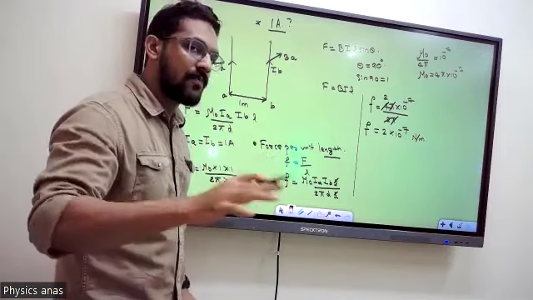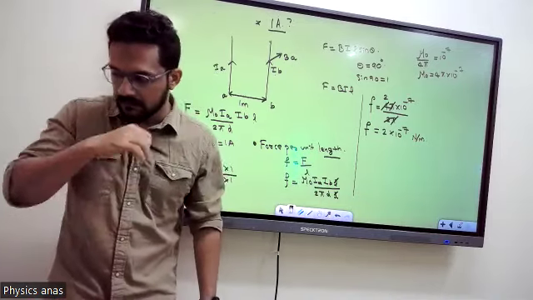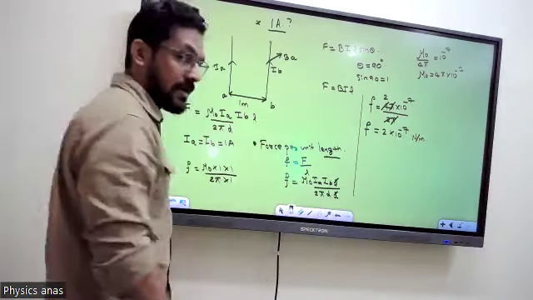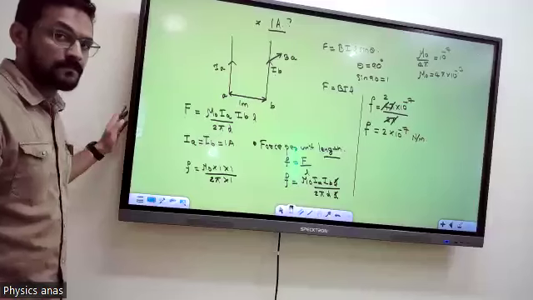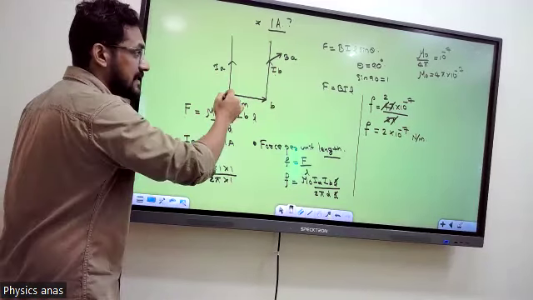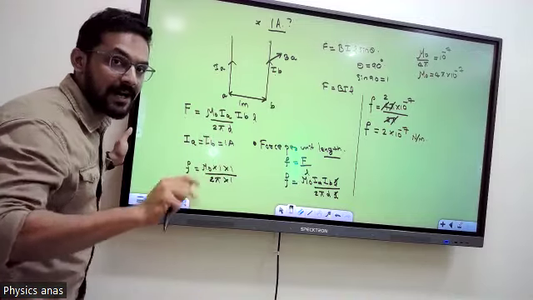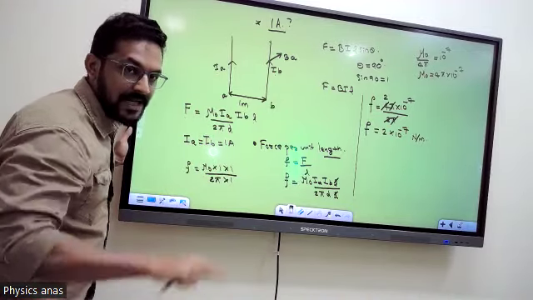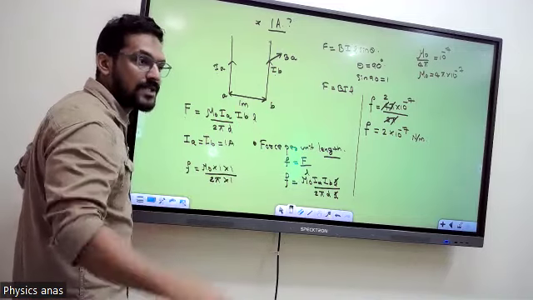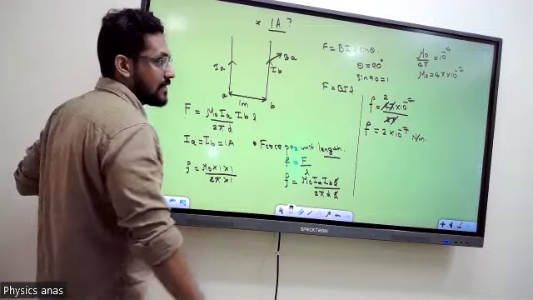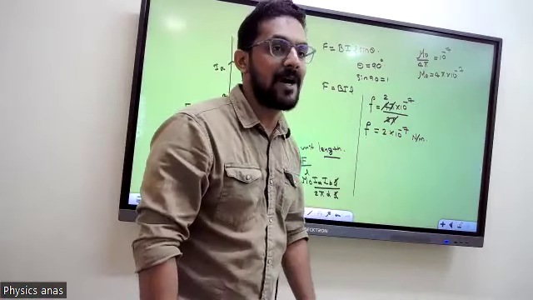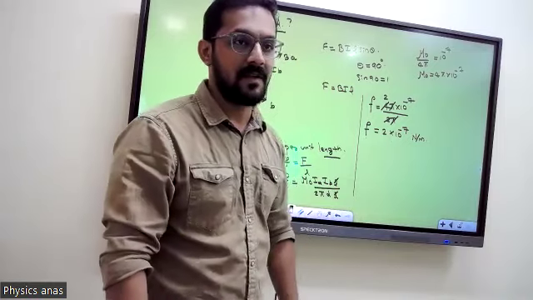Now you can define what 1 ampere is. Then tell me, what is 1 ampere? 1 ampere is the current passing through parallel conductors in space, having a distance between them of 1 meter, and experiencing a force per unit length of 2 into 10 raised to minus 7 Newton per meter.